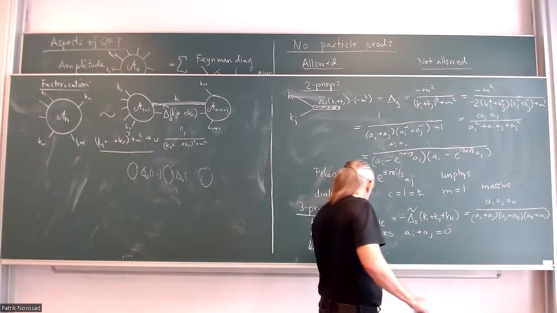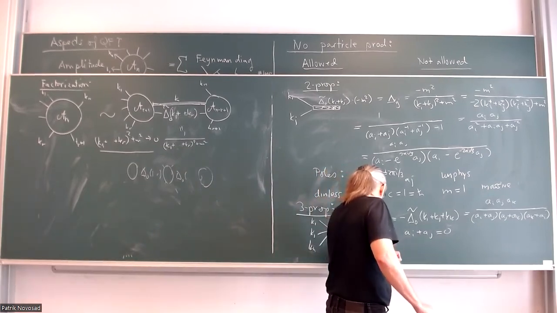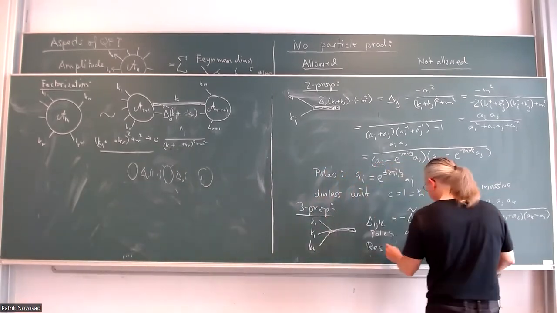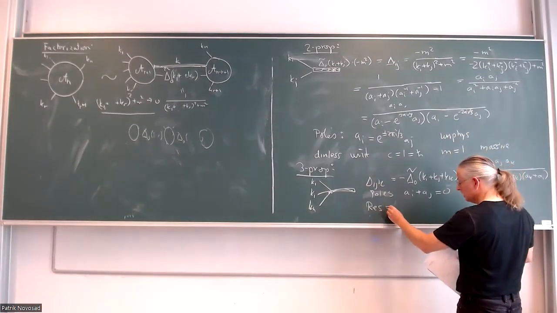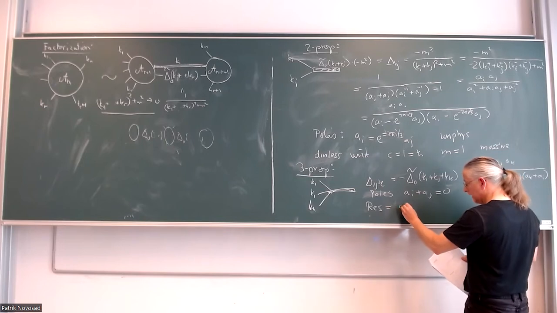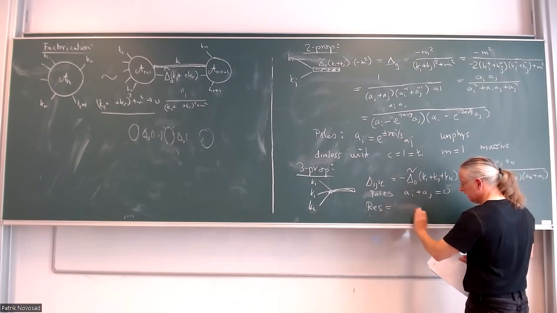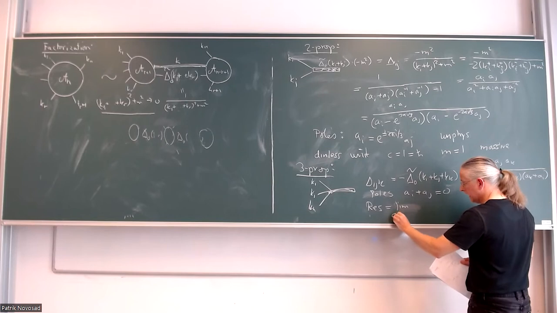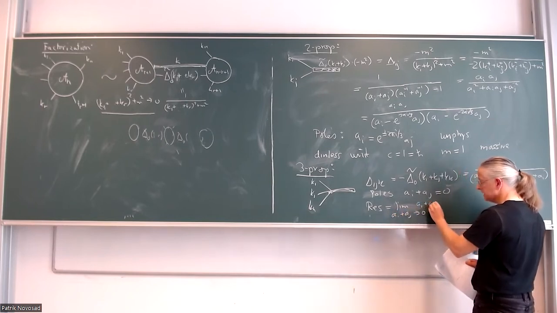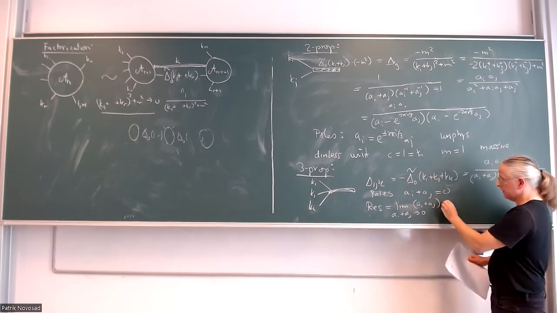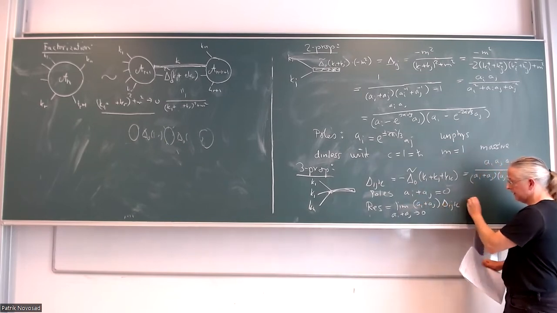And just for fun, let's also calculate the residue of this guy. So the residue will be the limit of a_i plus a_j going to 0 of (a_i plus a_j) times delta_ijk.